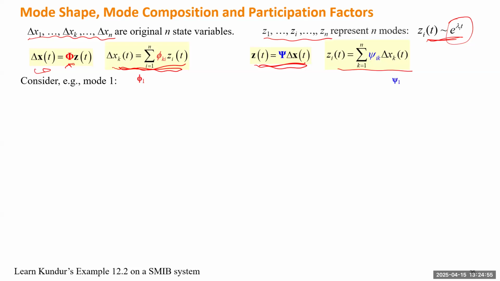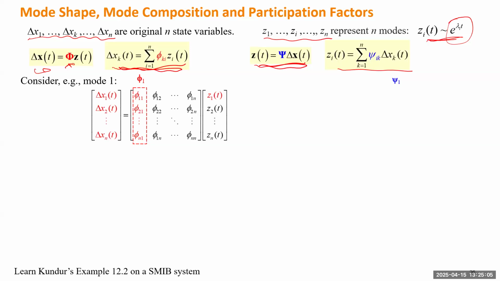Next, we pick just a single mode. As an example, let's pick mode number 1, which means lambda 1 or Z1. We write down all the equations from here.